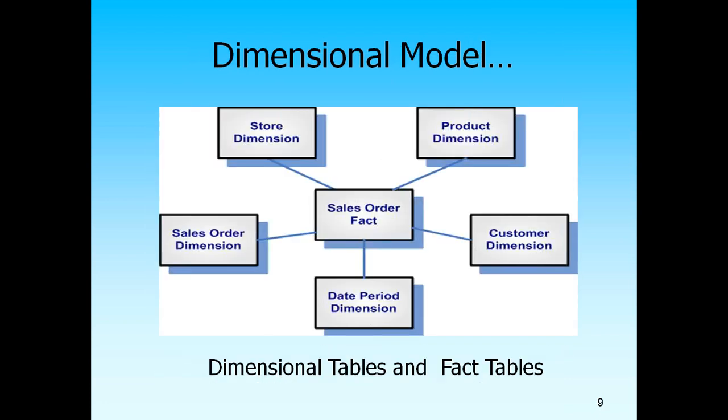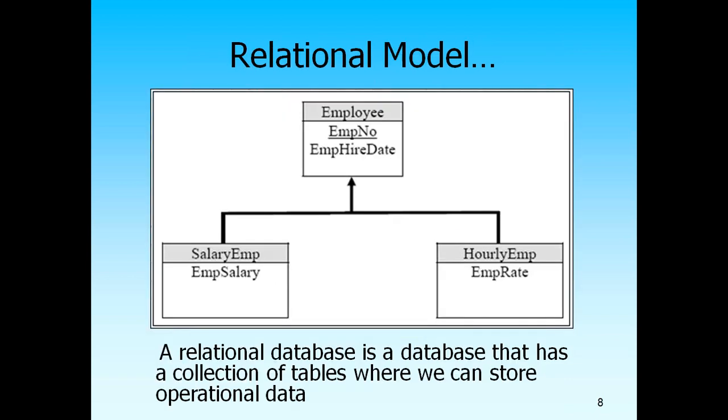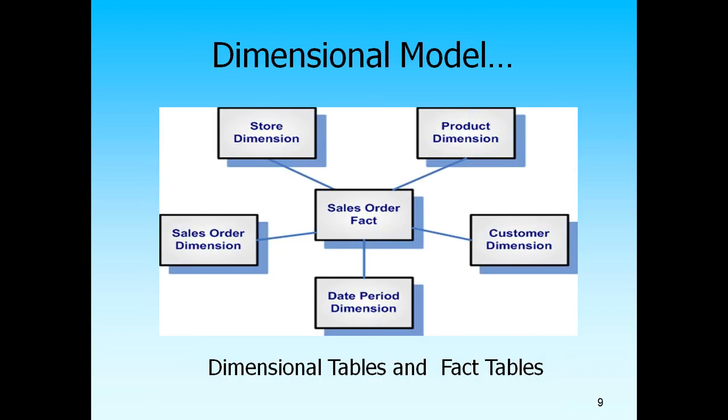Here we maintain history of data, and here we have fewer joins. In the OLTP relational model we have a huge number of joins. In the dimensional model we have very few joins, and we are also able to maintain the history of data, not in OLTP systems. In OLTP systems we cannot maintain history.